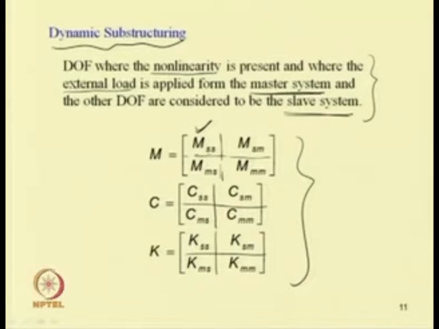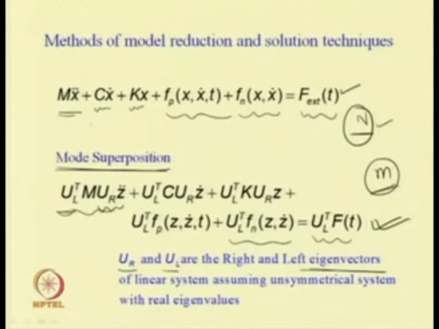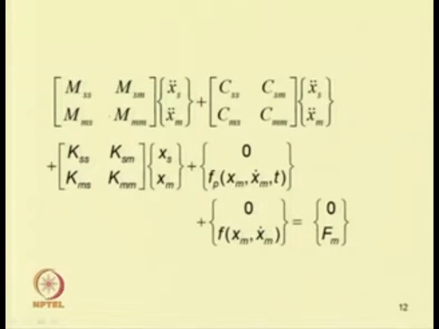Now, with the mass, stiffness and damping divided into master and slave form, we can write our original equation, m x double dot plus c x dot plus k x plus f p plus f n equal to F external, in this form. It is partitioned, and here x is also partitioned into x s and x m.